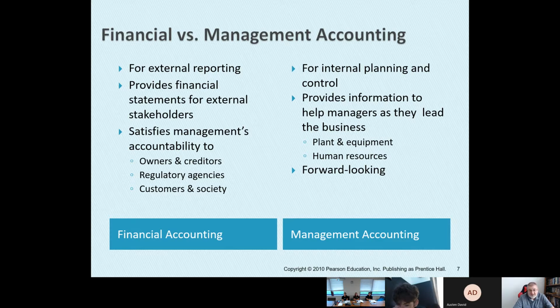Okay, it gives us key information to be able to plan with, to know how we're doing and what we're looking at as far as when we start to look at what we're going to do in the future, when we're forward looking, making our plans. All right, so just kind of make sure you understand the difference between financial accounting and managerial accounting. Financial is external, what people outside the company are going to see, where managerial accounting is internal, and those calculations and documents and stuff that we need in order to be able to plan as managers.